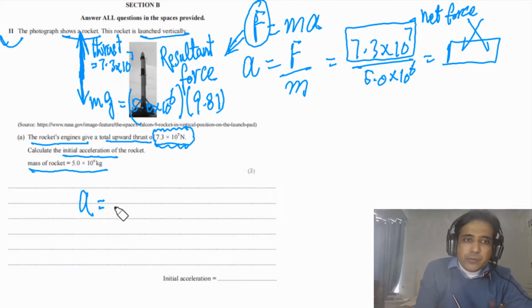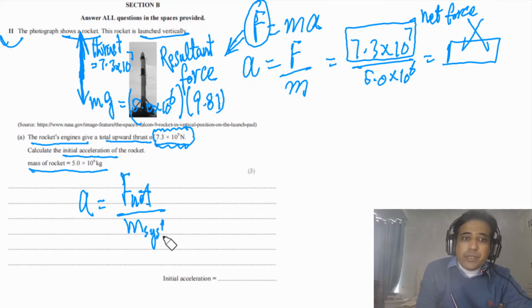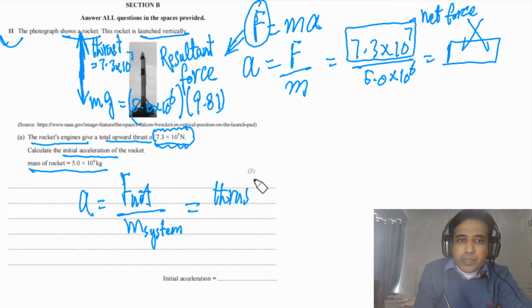The acceleration will be equal to the net force, F net, divided by the mass of the system. Very important, this is the mass of the system. What is the net force in this case? Net force is thrust minus mg, divided by mass.